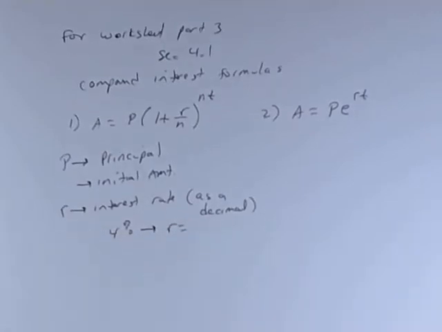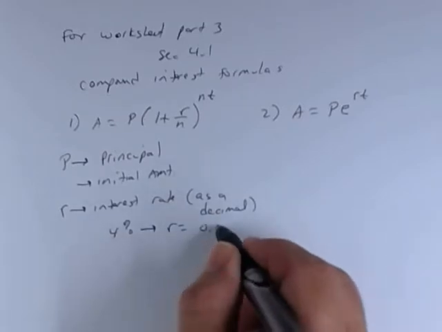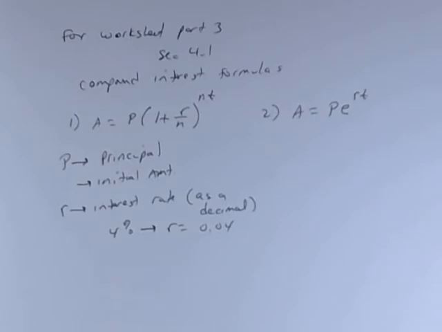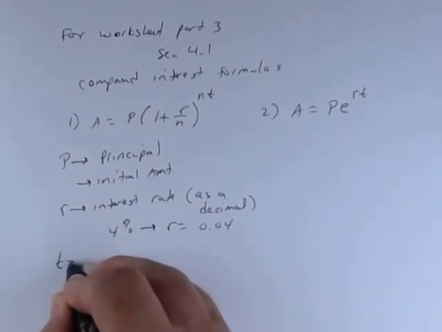How do you remember 3 semesters ago, that whole chapter in percents? You moved the decimal point 2 places to the left. So 4% is 0.04. So that's how you would write R. You don't put 4, you would put what? 0.04. So R must be written as a decimal. T is your time in years.